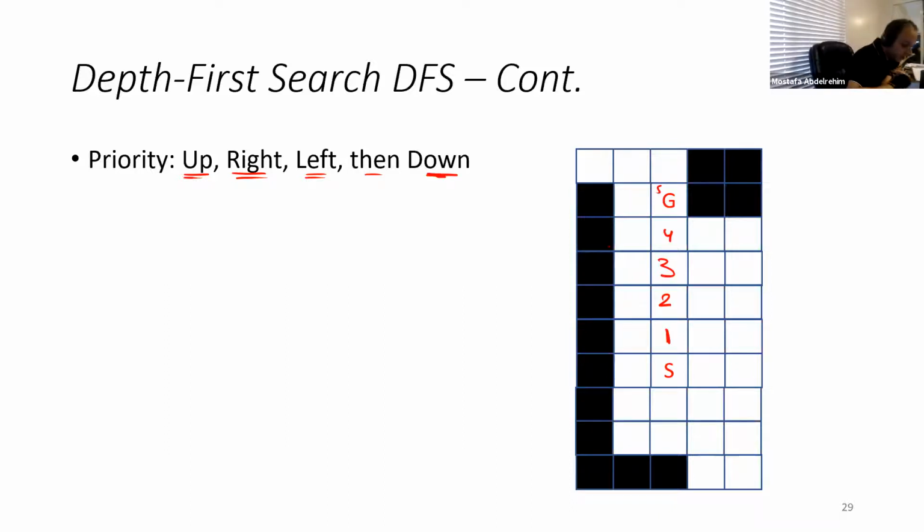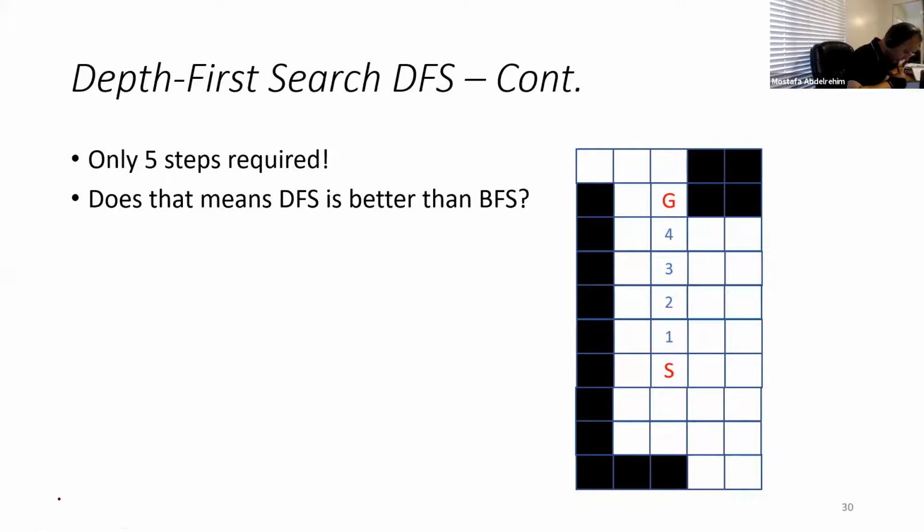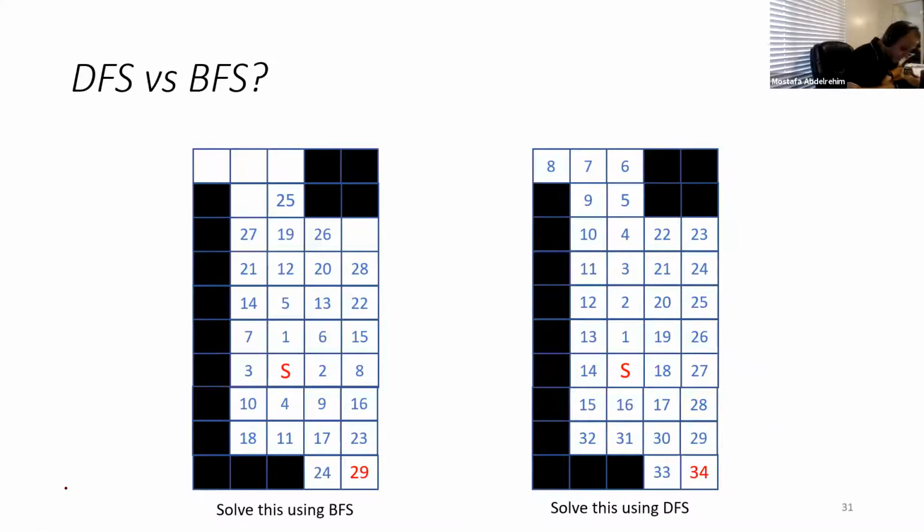We get the goal in just 5 steps. That doesn't mean it's better than depth first search, because we showed another example in which depth first search takes 34 steps, while breadth first search takes only 29 steps.